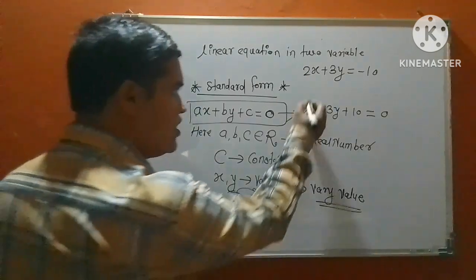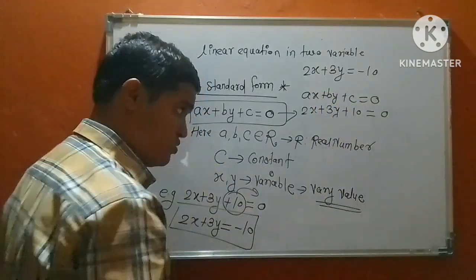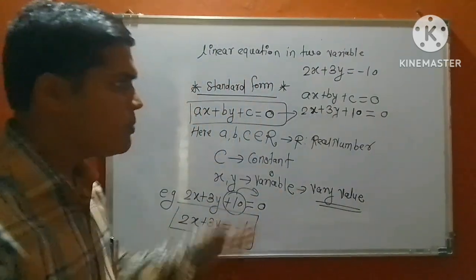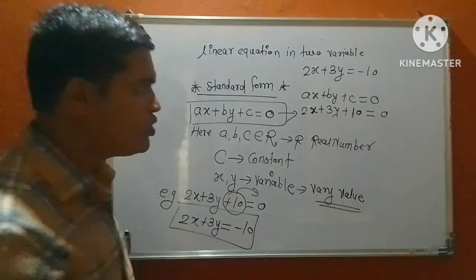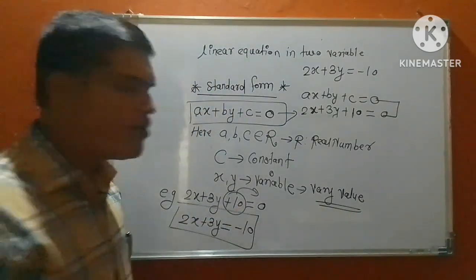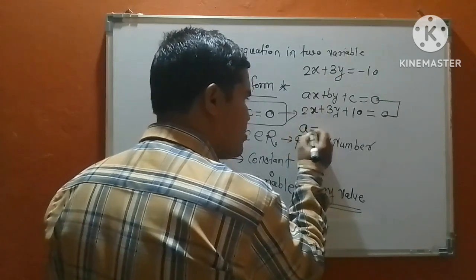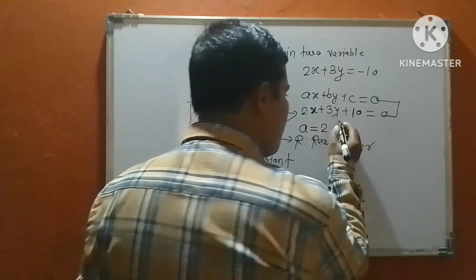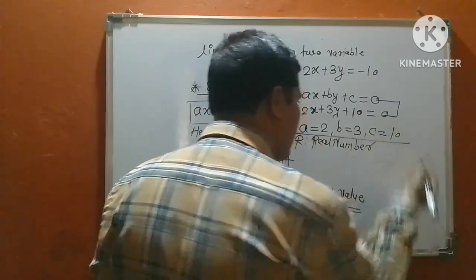So comparing the standard form with the example equation, ax and 2x, so value of a is equal to 2. Simply compare this equation, by is equal to 3y, so b is equal to 3 and c is equal to 10. So this is the basic value.